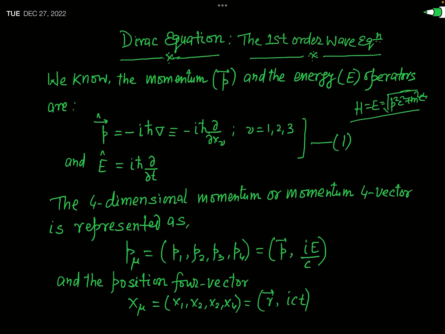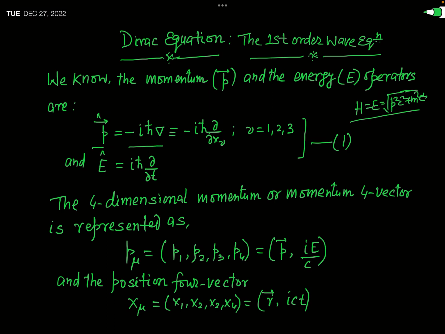Now you have discussed in great detail, in my lectures on special relativity, the four-dimensional formulation and the concept of the momentum 4-vector. As you know, in quantum mechanics, the momentum operator p hat is defined as minus i h bar del.